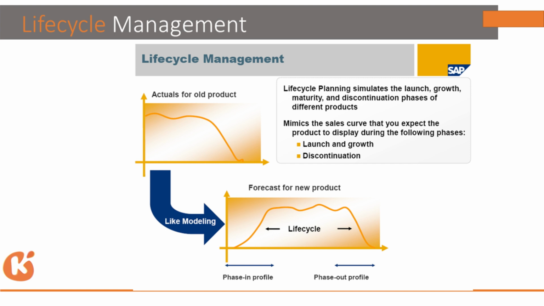Like that you can take old product history data. The system will refer to old product history data and generate a forecast for the new product. So if you have a new product, there is an option to generate a forecast without history by referring to a similar product, and you can control when the forecast should start and when it should end.